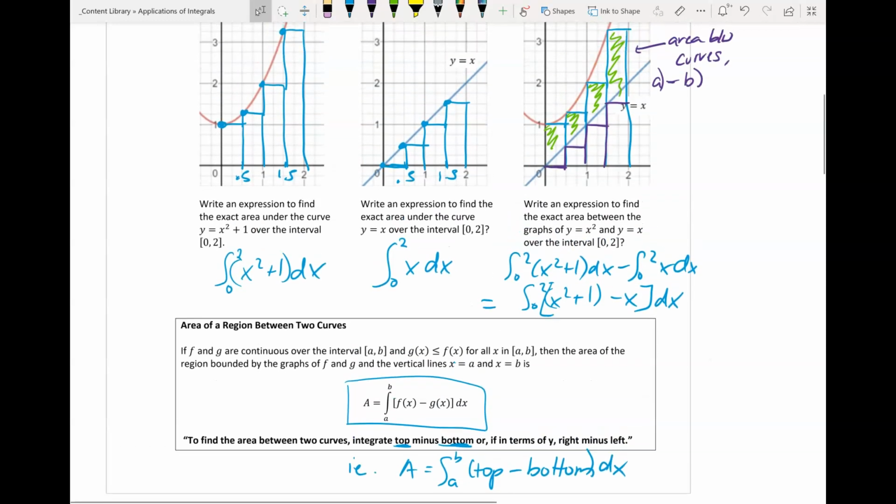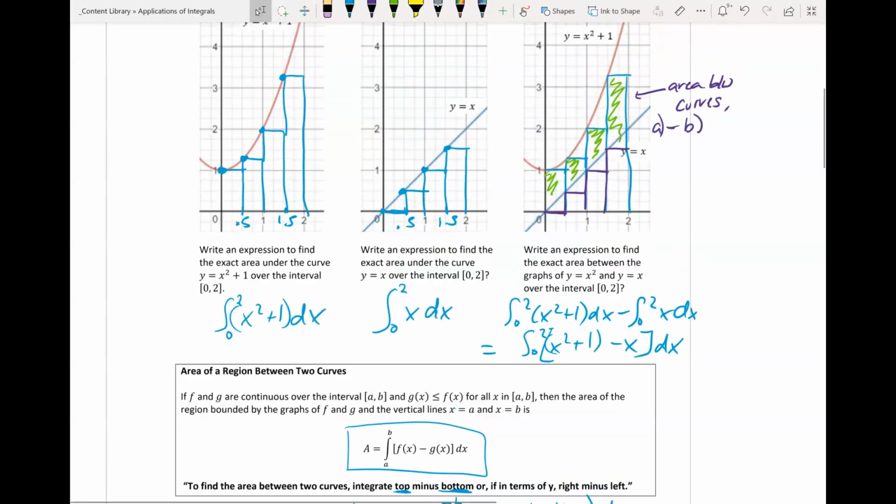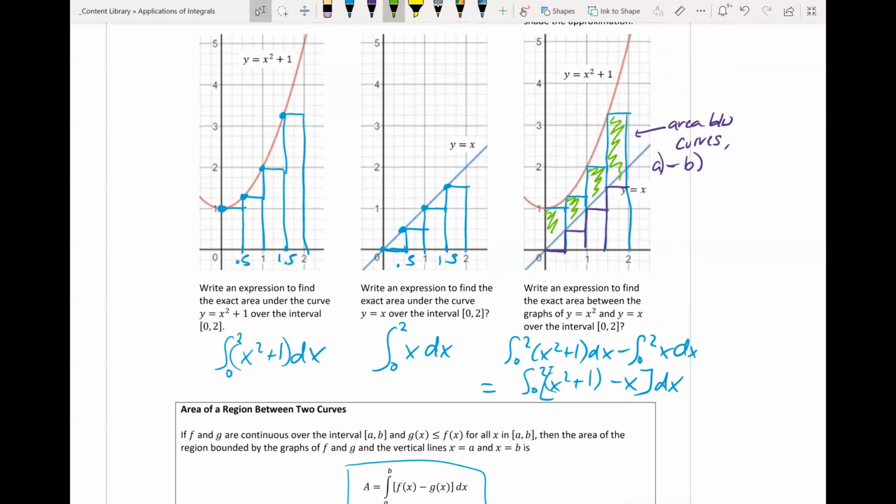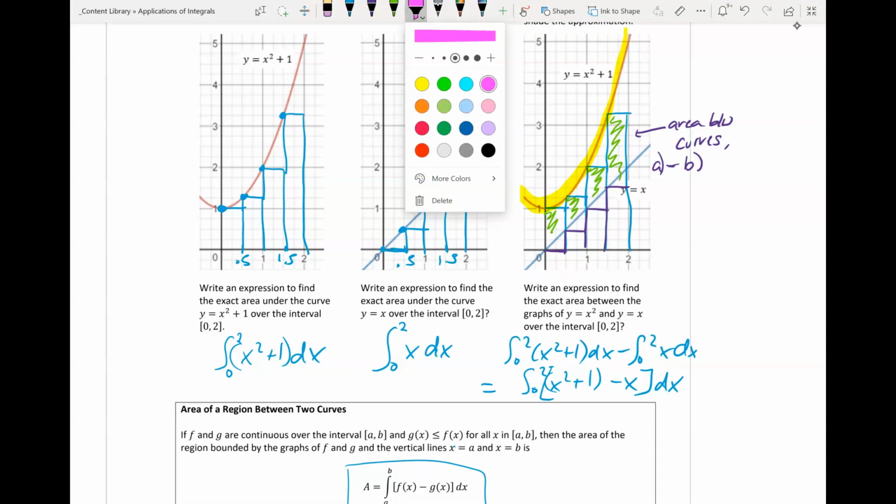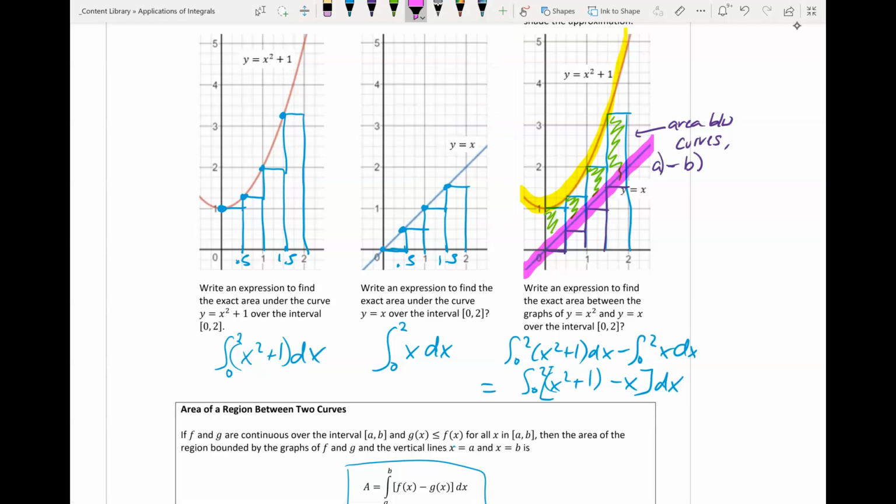If you look back at our example above, our top function is x squared plus 1, because that one is above our y equals x. That's why we chose x squared plus 1 subtracted by x, because our parabola is above our linear graph.